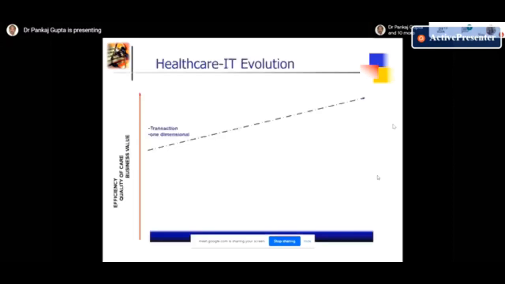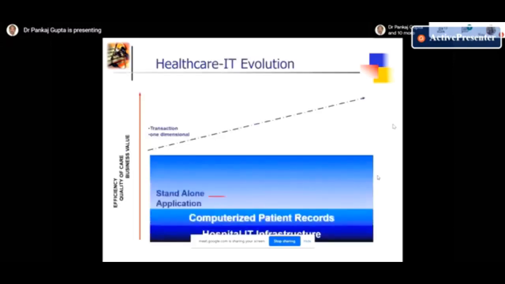Starting from the healthcare IT evolution model, this is a Gartner model that was put together, where all the data collection started from a collector kind of model, where data was being captured by data capture systems. These are transaction one-dimensional systems, where you put a form into an IT system and all you are going to do is capture the data.